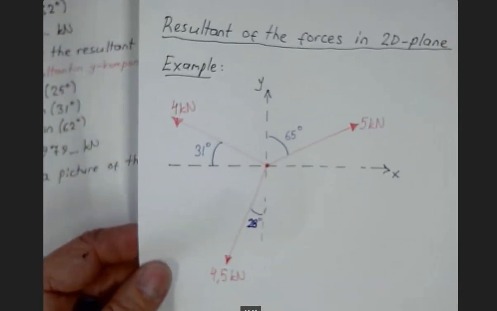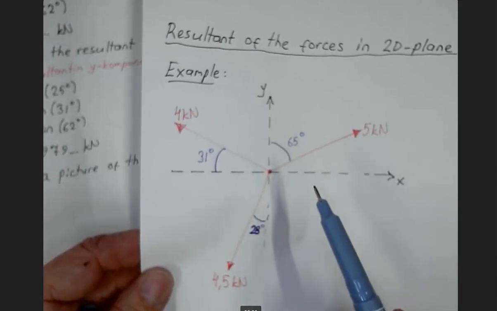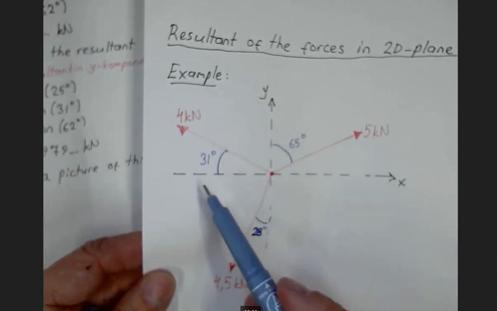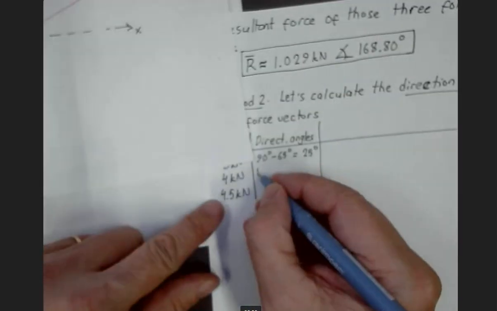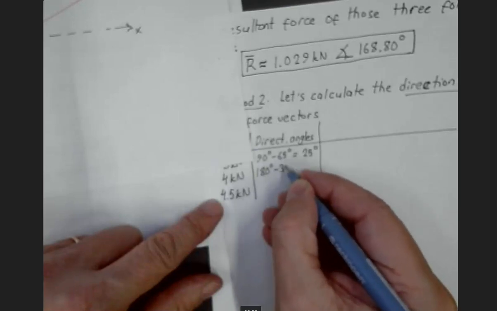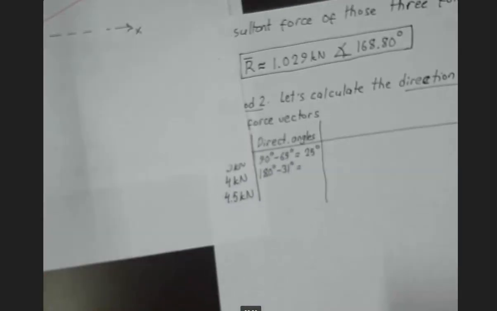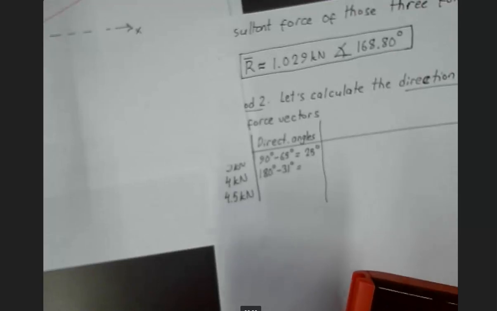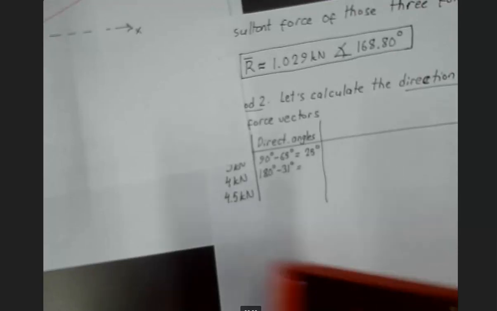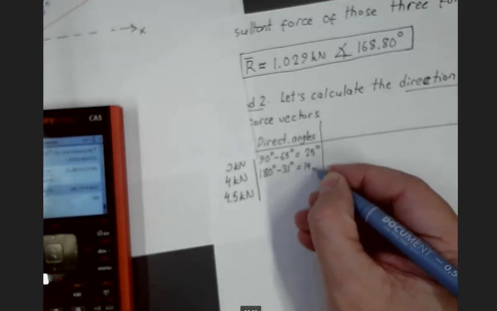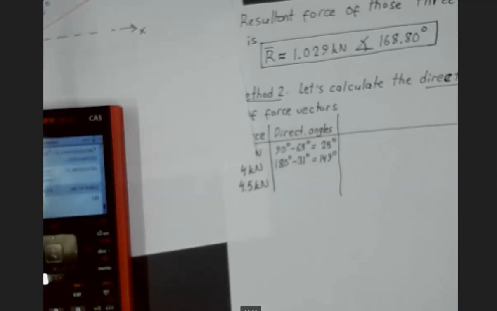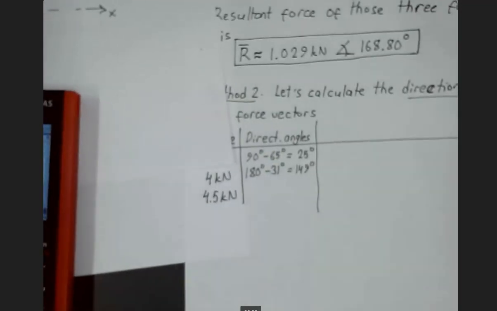The second force, the direction angle, we take first 180 degrees and then take away the 31 degrees. So we will have, you probably see that I took a calculator, I could not make a miracle by calculating by head, 149 degrees.